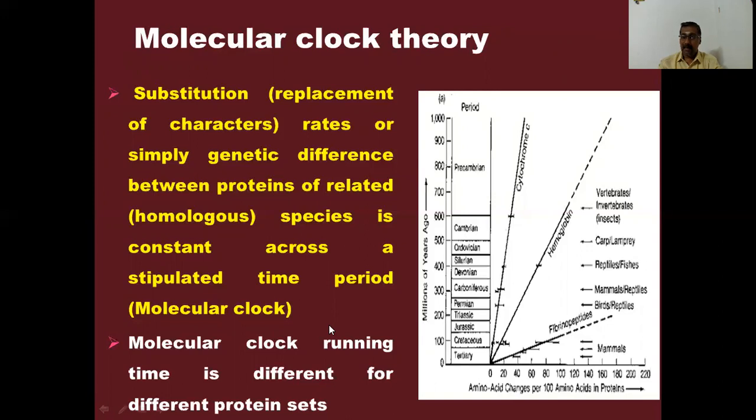Another important thing is that the molecular clock is not constant for all protein moieties. This is what is explained here. The hemoglobin molecular clock graph is totally different from cytochrome, so different molecular clocks will be there for different proteins.